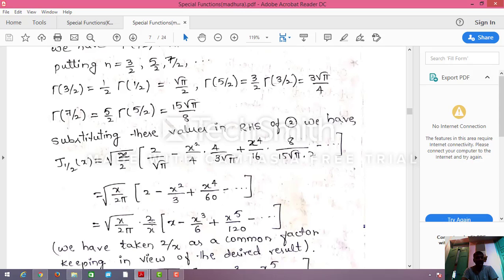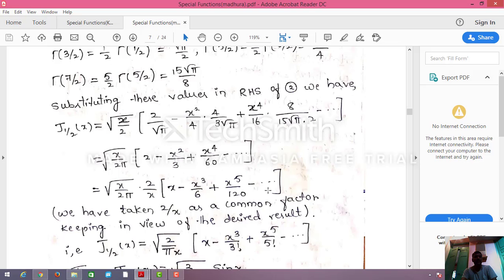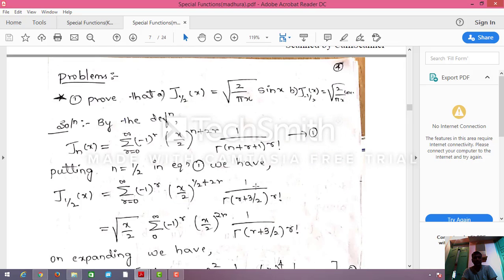Now one more 2 by x I am taking outside. If you take 2 by x outside, here x cube by 6 will come, plus x power 5 by 120. Why are we taking 2 by x common here? Because we have to get the result in the form of sin x.